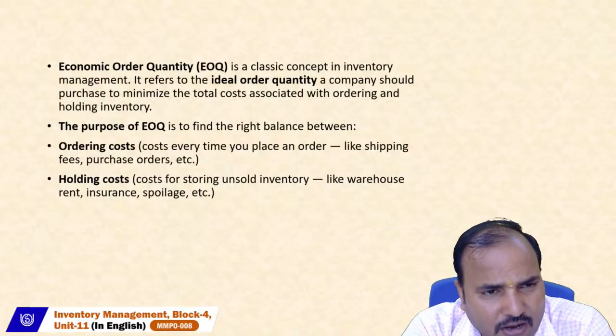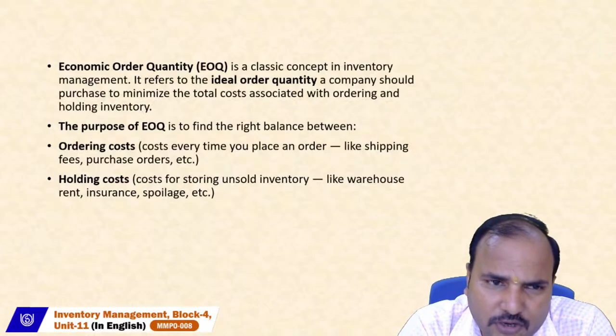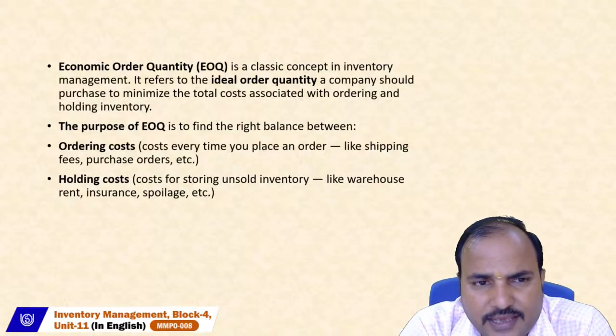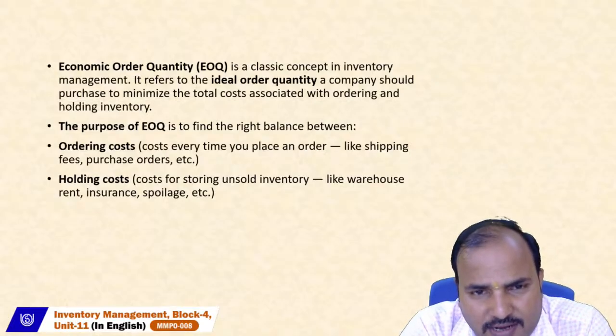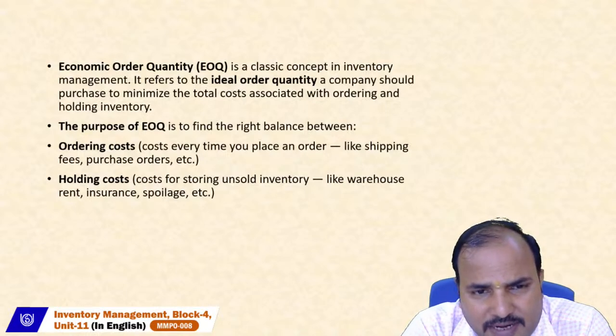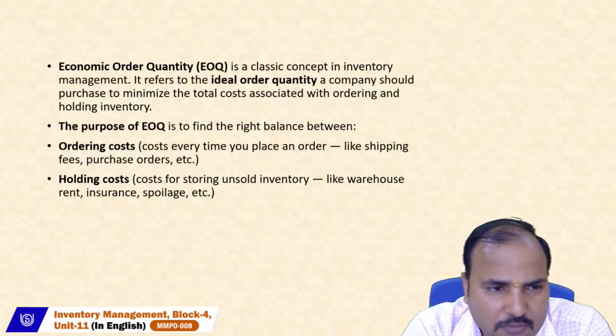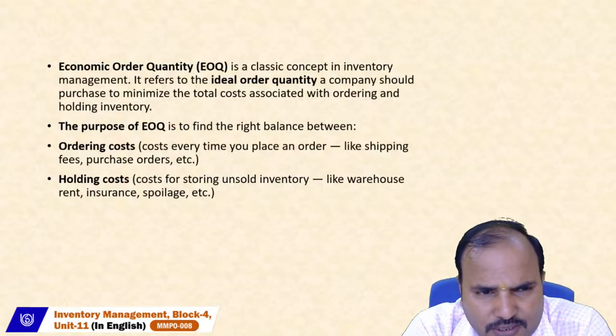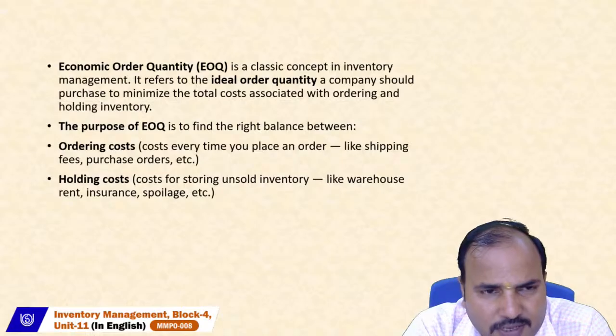The purpose of EOQ is to find the right balance between ordering cost and holding cost. Ordering cost is the cost every time you place an order, like shipping, fees, purchase orders, etc. But holding costs are the costs for storing unsold inventory like warehouse rent, insurance, spoilage, etc.